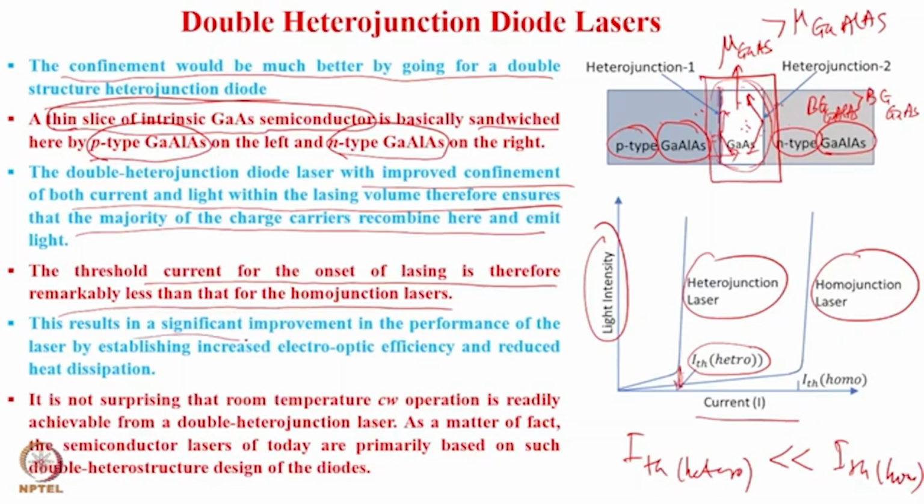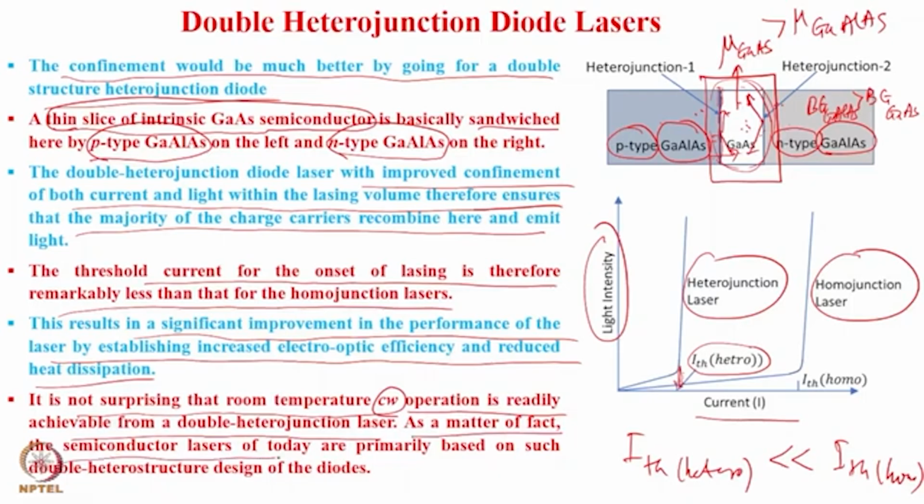So this results in significant improvement in the performance of the laser by establishing increased electro-optic efficiency and reduced heat dissipation. It is not therefore surprising that room temperature CW operation is readily achievable from a double heterojunction laser. As a matter of fact, the semiconductor lasers of today are primarily based on such double heterostructure design of diodes.